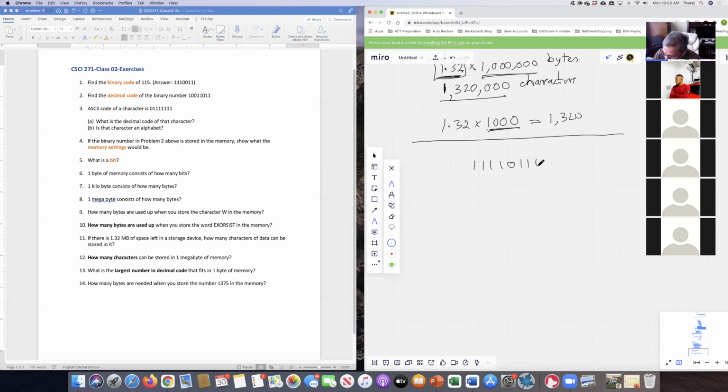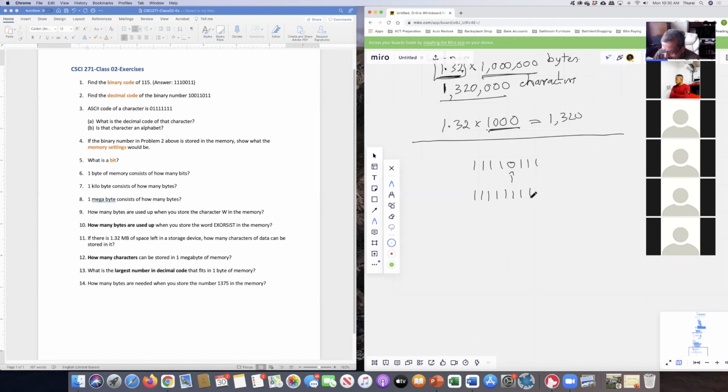If I replace that 0 with a 1, the number will be larger. Agree with that? So therefore, the largest number that fits in 1 byte should have 8 ones in the binary code. Do you all agree?